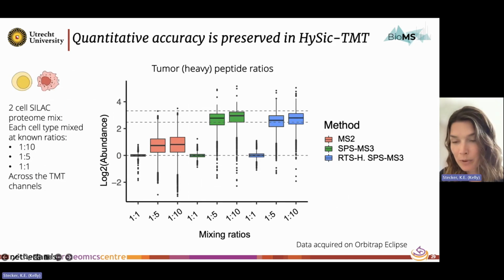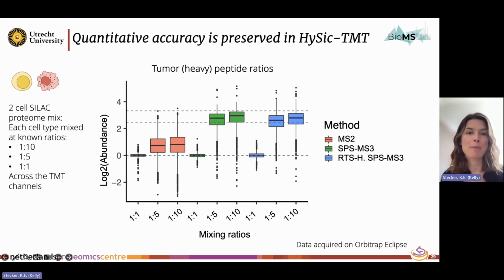Importantly, to that point, we wanted to prove that our quantitative accuracy is preserved in our Select TMT approach. So what we did here was we created a mixed proteome sample where we had our T cells and our tumor cells, which were heavy labeled and light labeled, and we mixed them at known ratios across the TMT channels.